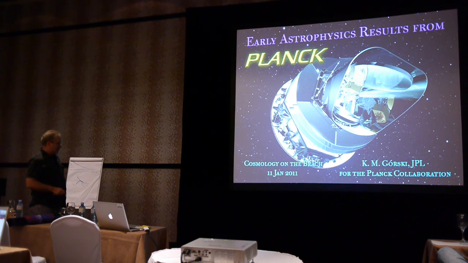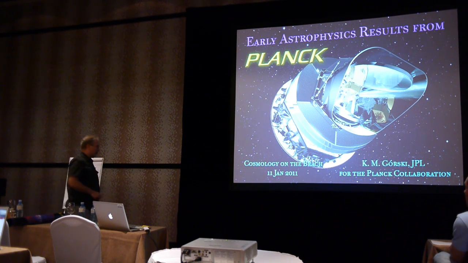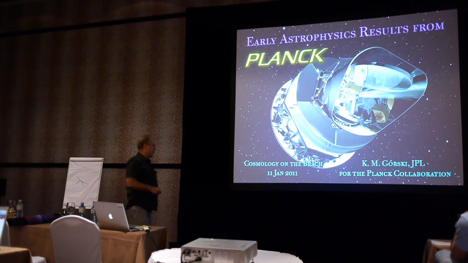So the first stage of active cooling from JPL, and also all the bolometers inside the HFI instrument have been built at JPL. So fairly essential technological contributions to the mission.